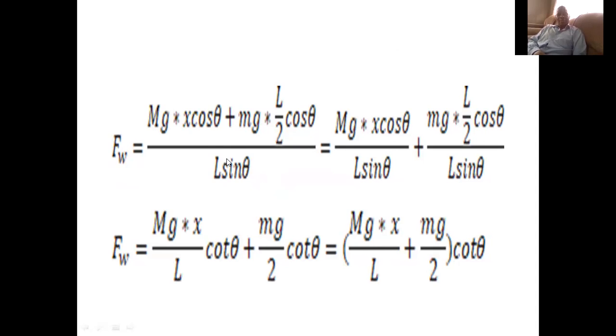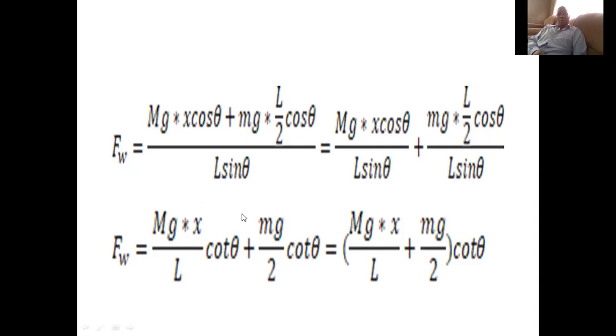Since L sine theta is dividing this part and this part, it means that you can separate it. Just get this part divided by that one, which is mg multiplied by x cos theta divided by L sine theta, as well as mg multiplied by L over 2 cos theta divided by L sine theta. We have merely separated them.